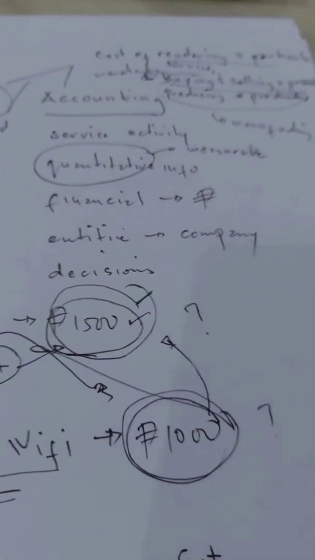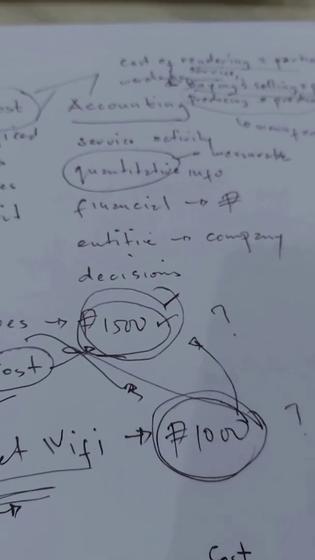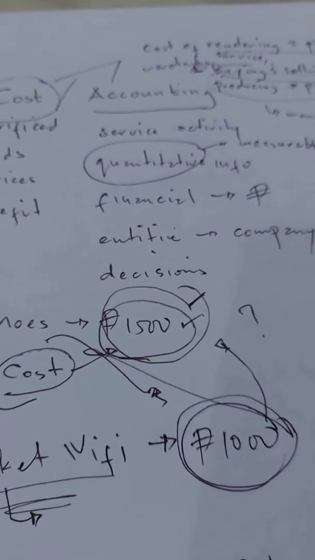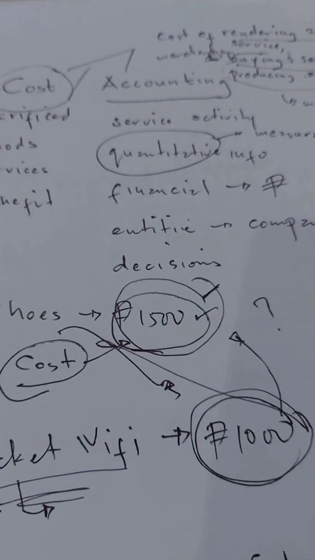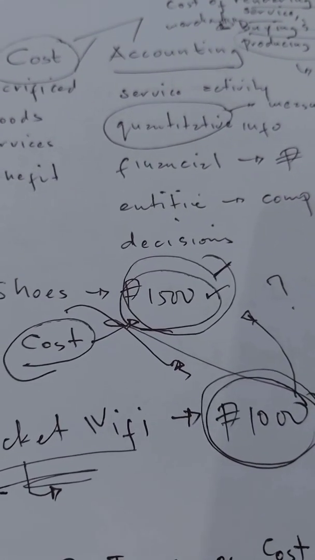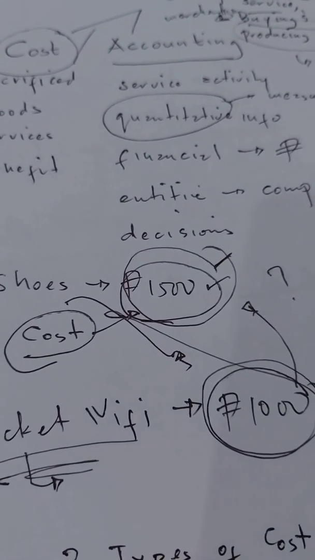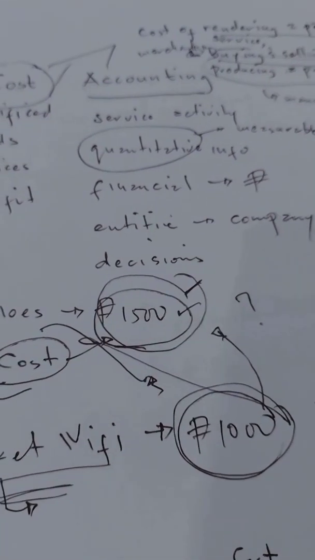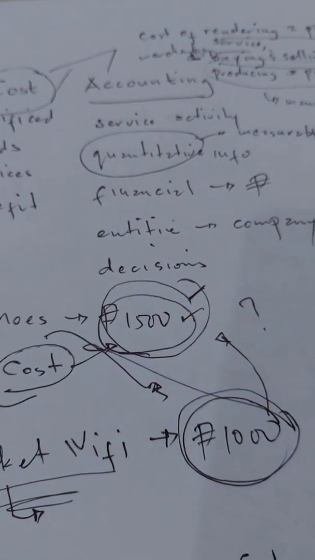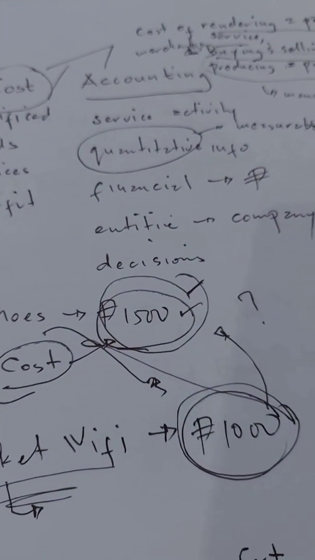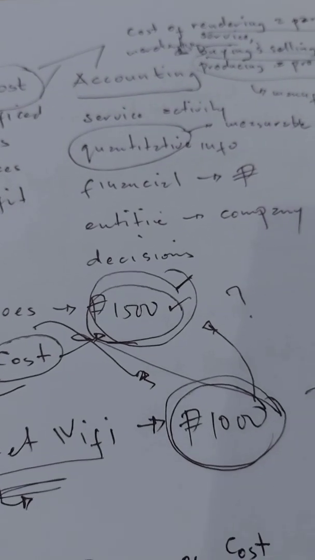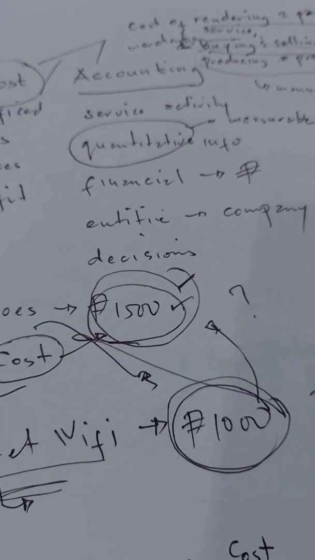So, sabi dyan, although cost accounting developed originally in manufacturing business to satisfy the management's need for product cost information, cost accounting information is useful for all types of activities in all types of organization. So, originally developed siya for manufacturing.